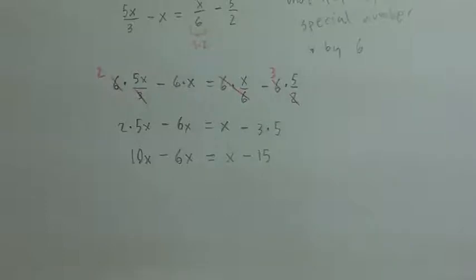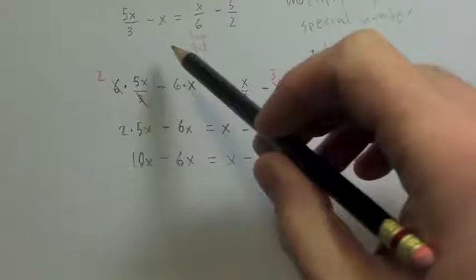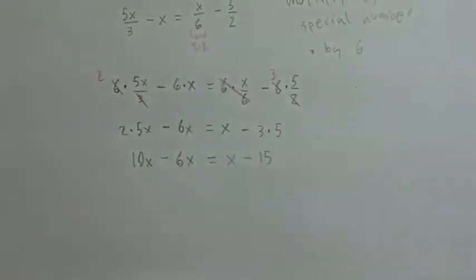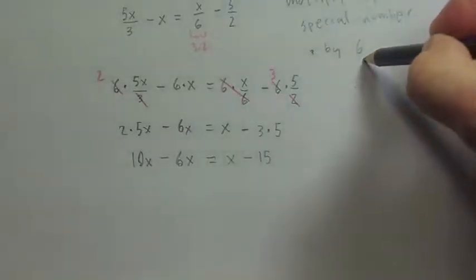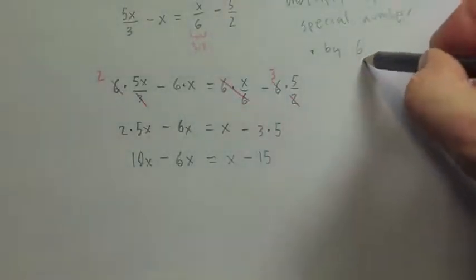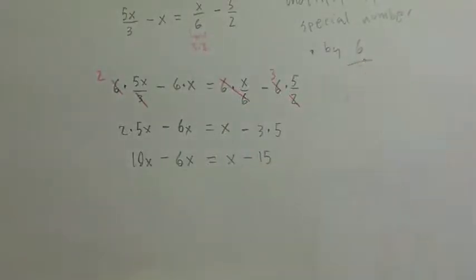Okay, so multiplying by a special number to get rid of all your denominators gets rid of all your fractions. So up here, you could just do the fraction arithmetic in each case, get a common denominator, blah, blah, blah, or, and what you probably noticed, or maybe if you haven't, but this is the pattern, this is the common denominator.